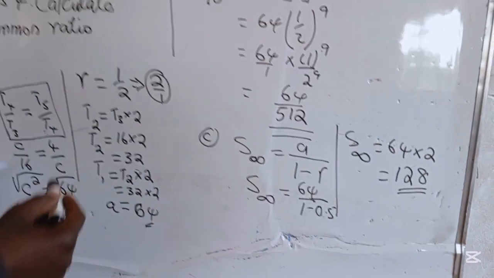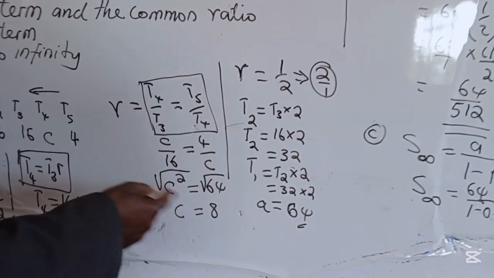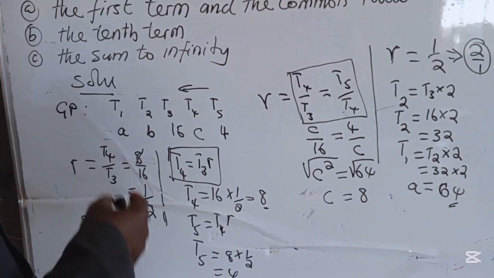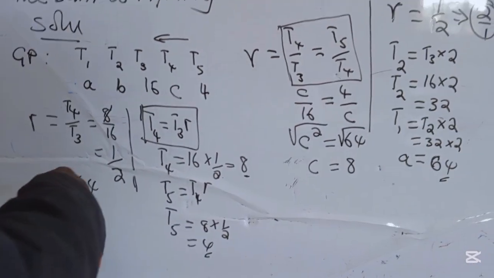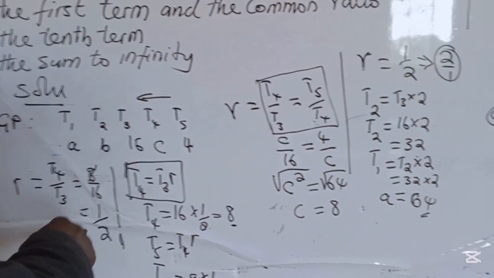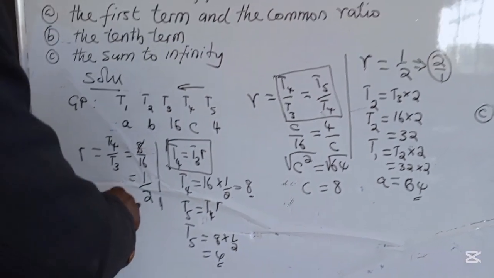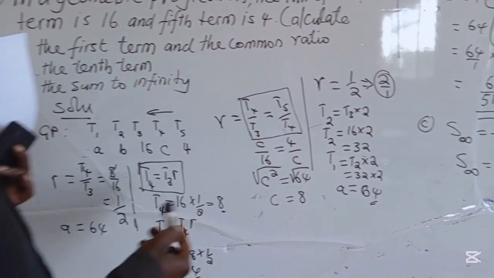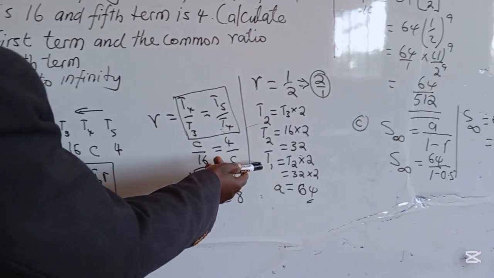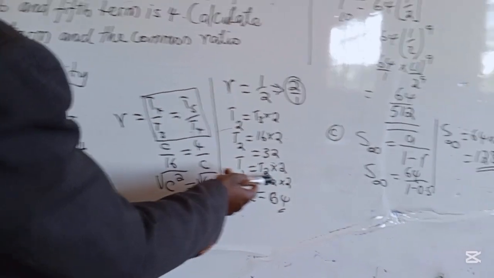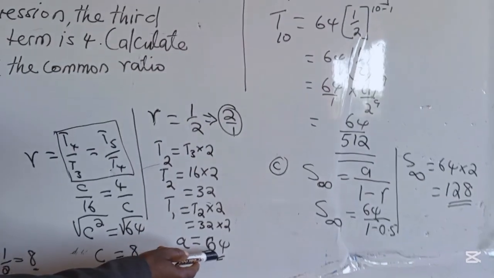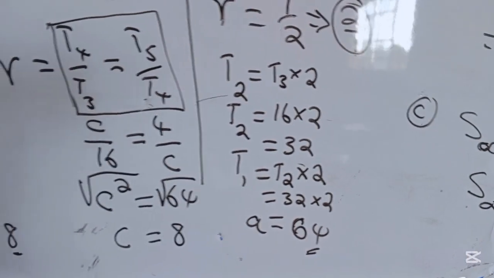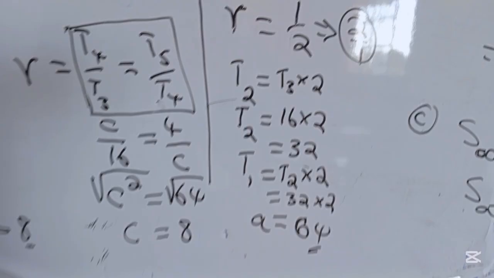Remember, here you can use this simple method, because what are they looking for? For you to get the first term, you can use this method. There is a method mark here, and then for you to get A. So what am I saying? I'm saying for us to get the first term, this is the method mark which you have gotten, and you can gain something there. So it doesn't mean that you can lose marks because there is no method mark.